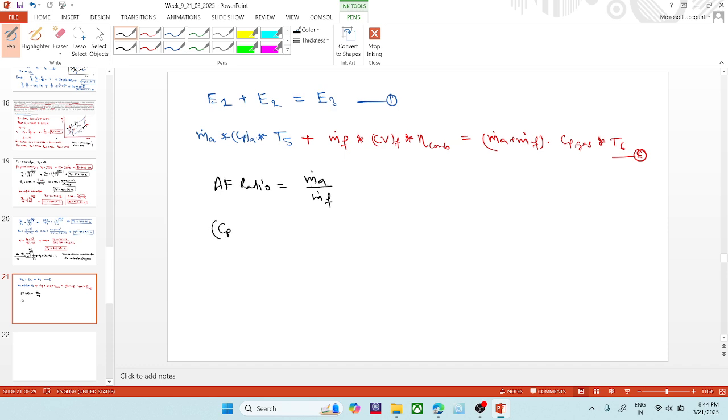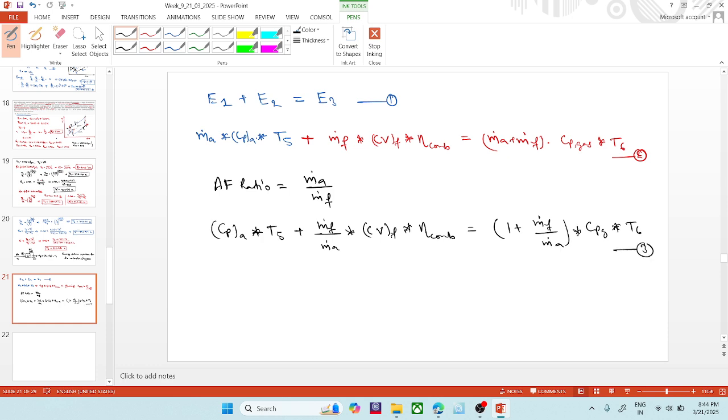It would be Cp of air into T5, plus m dot f divided by m dot a into Cv of fuel into eta combustion, equals 1 plus m dot f divided by m dot a into Cp gas into T6. This would be equation number 3.